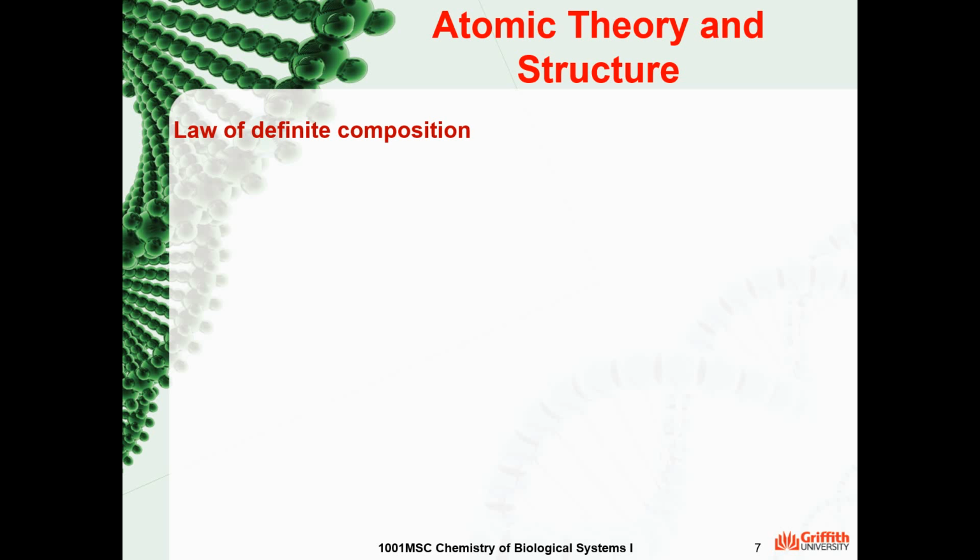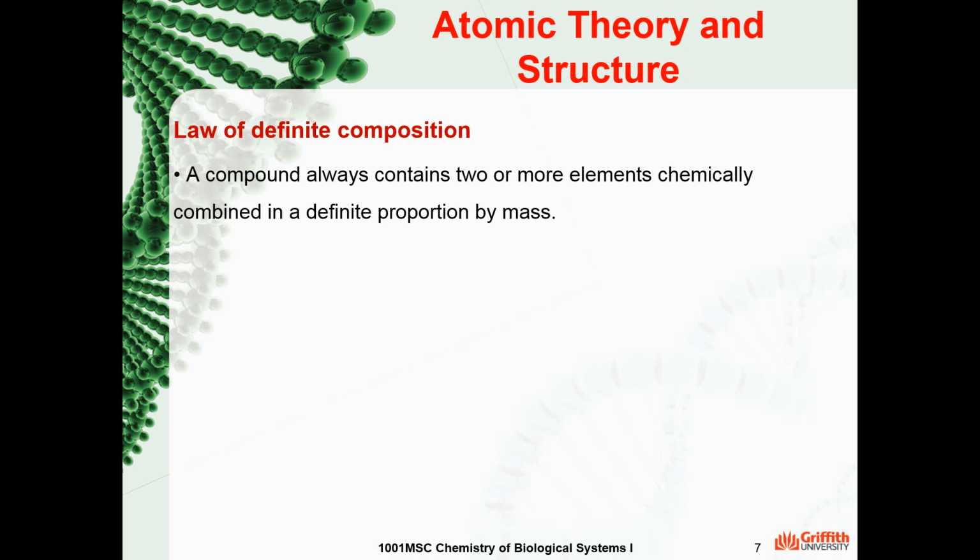The first is called the law of definite composition. This law states that a compound always contains two or more elements that are chemically combined in a definite proportion by mass. For example, a water molecule has 3 atoms with the ratio of 1 oxygen to 2 hydrogen atoms.